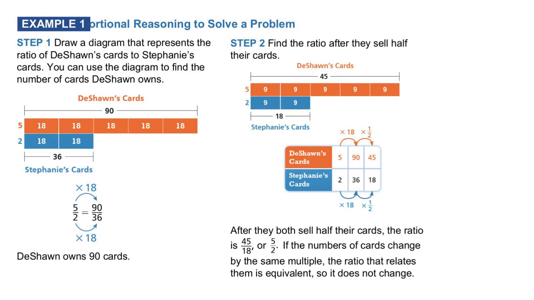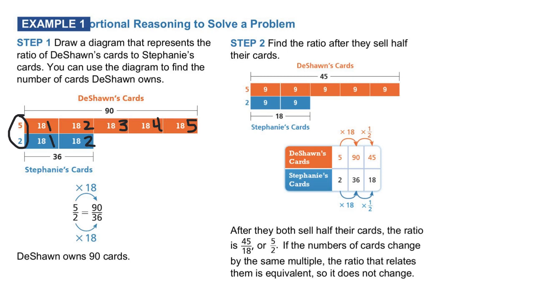All right, so let's look at some options here for solving this. And you know your book really likes these bar diagrams. So we've got 1, 2, 3, 4, 5 parts for Deshawn and 2 parts for Stephanie. That's where this ratio comes into play.